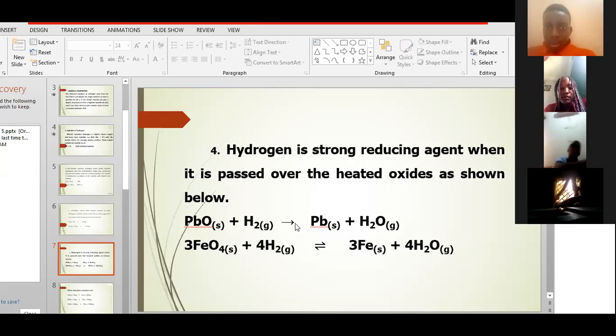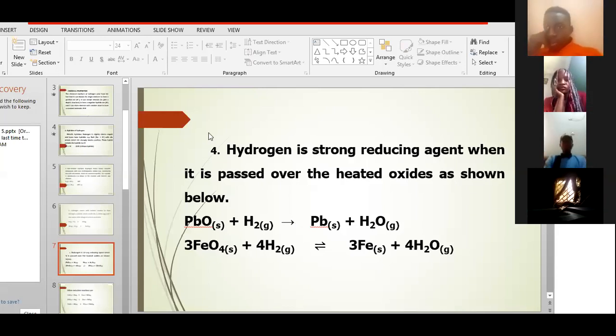Reduction means addition of hydrogen to a substance and removal of oxygen from a substance. While oxidation means addition of oxygen to a substance, or transfer of electrons, or removal of hydrogen from a substance. I'm taking you back to redox reaction, please.